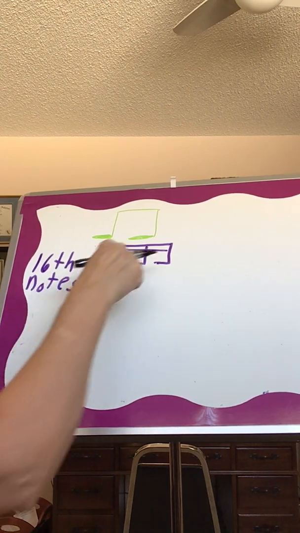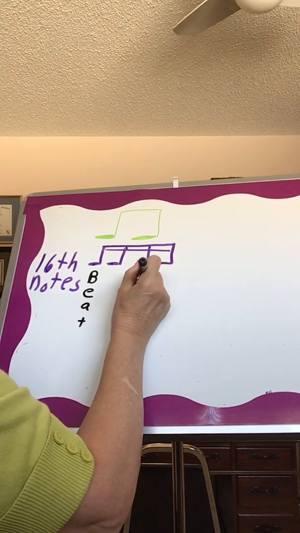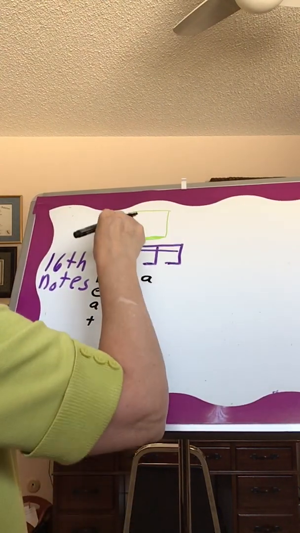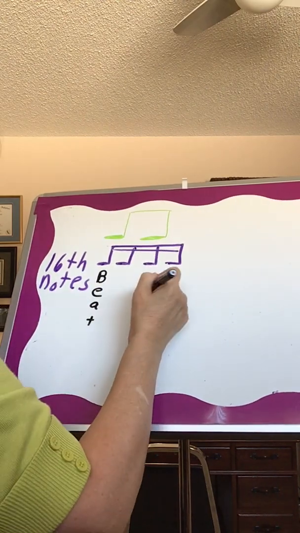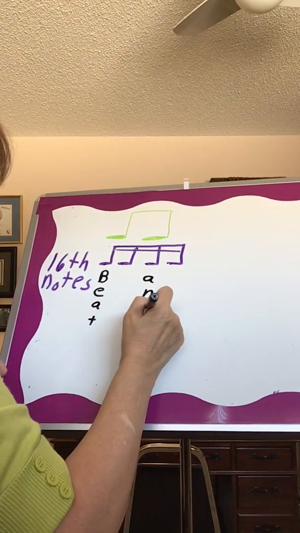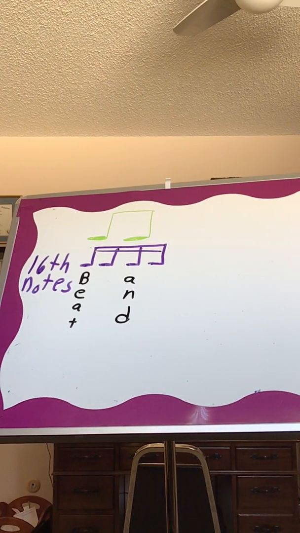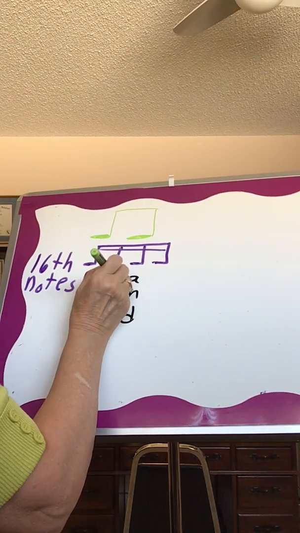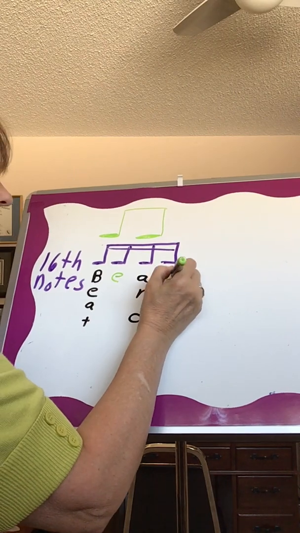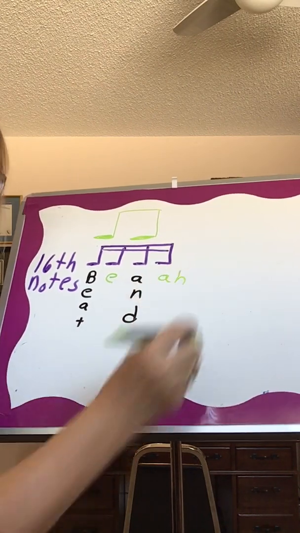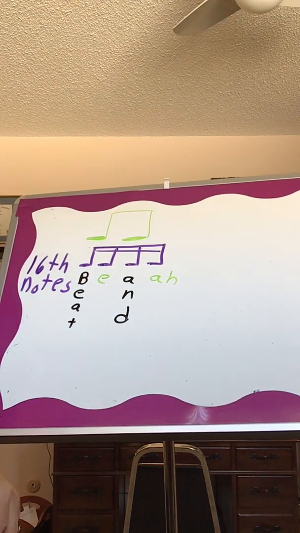And I'm going to go ahead and call this and, because remember we could say beat and. Now, musicians really don't call this E. And if you had me last year, you played beaty-andas. Ready? Clap and say beaty-anda.